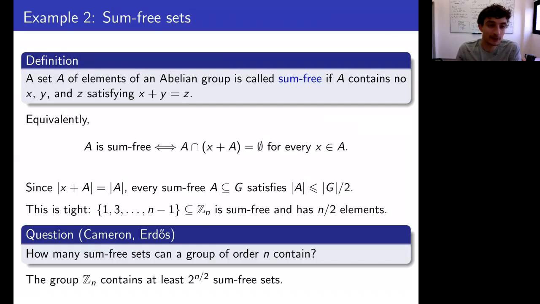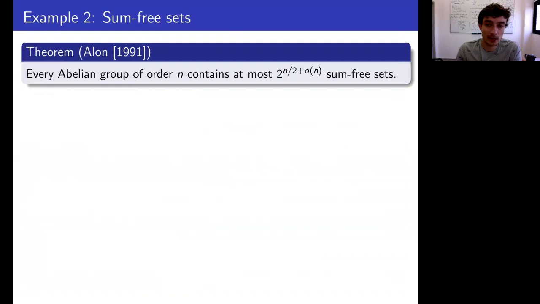Now, it turns out that one cannot do better in the group Z_n or in any other abelian group for that matter. It was proved by Noga Alon in '91 that every abelian group of order n can contain at most 2 to the power n over 2 plus a little o of n error in the exponent sum-free sets.